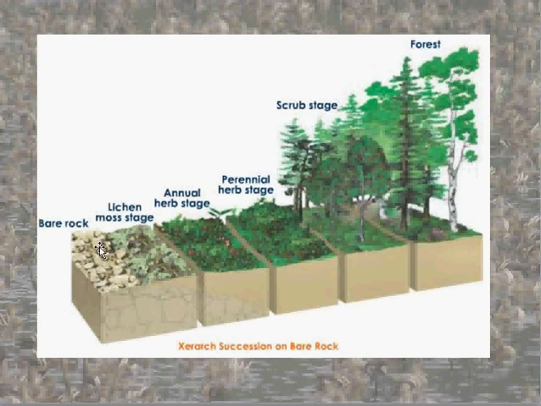The first plants to colonize the terrestrial regions would have been able to maintain their moisture once out of the water, and they would probably be very simple and low-growing plants like lichens and mosses.